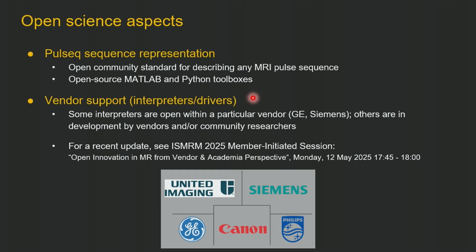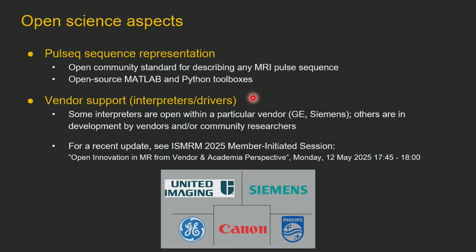Then you can ask, all right, what about that last step, that interpretation when you're putting it on the particular vendors? A number of the vendors, particularly the ones that we're used to working with right now, GE and Siemens, and I think United as well, their interpreters are open, right? And then the other ones are either being developed in the community or by the vendors themselves.